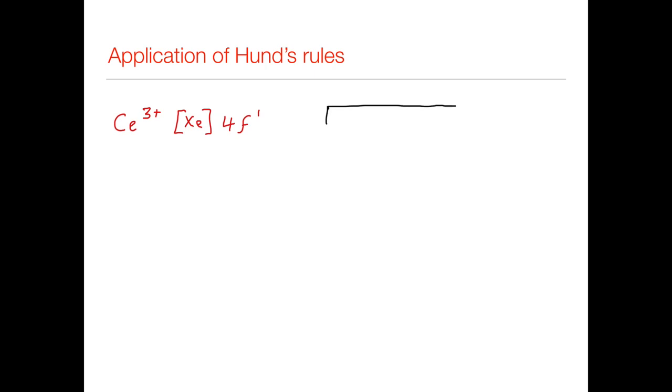These are not essential, just the way I like to draw it. It's f, so I'm going to need 7 of these. I'll put the value of ml at the top just for reference: 3, 2, 1, 0, -1, -2, -3.